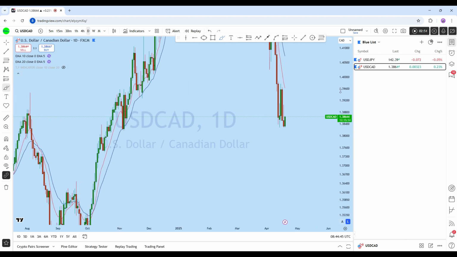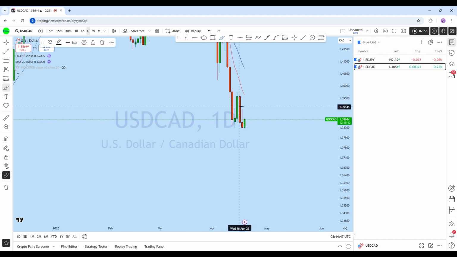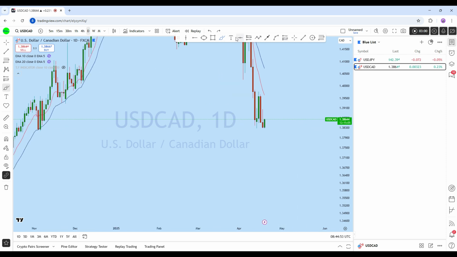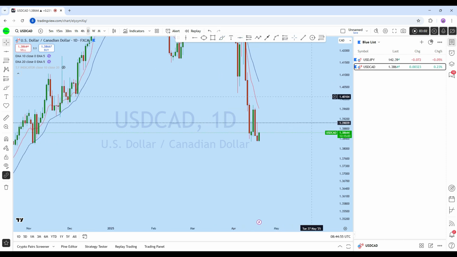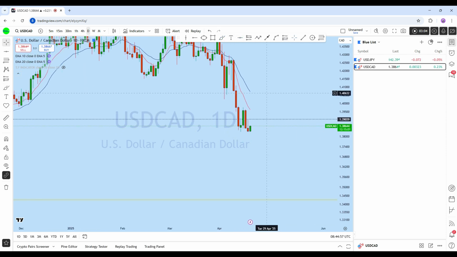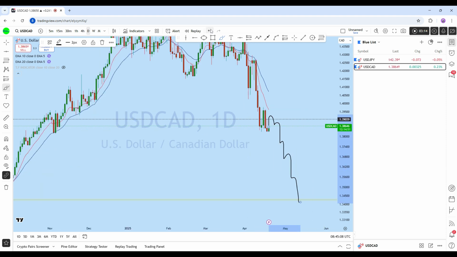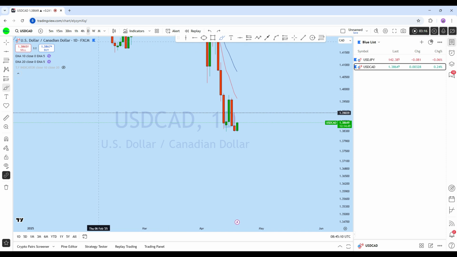And we can see that there is an inverted pin bar here on the daily, and the price is approaching that level where there is an important level of resistance. And because this market is trending, we could see that dollar CAD potentially retest and then trend again in the major direction where there is a high liquidity in that area.